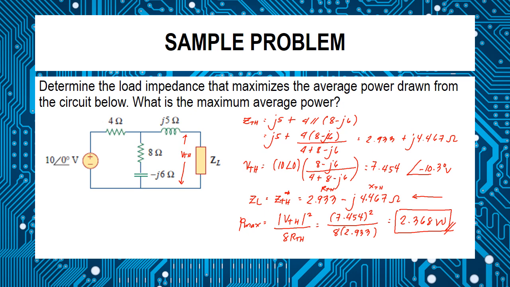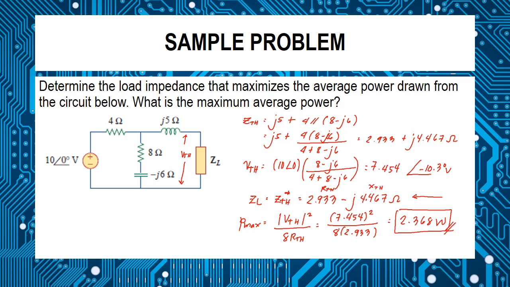So let's consider now the voltage source 10 angle 0 volts. If we will get the VTH, the drop will be here. So we'll get the voltage drop at 8 minus J6, so we can use voltage divider.